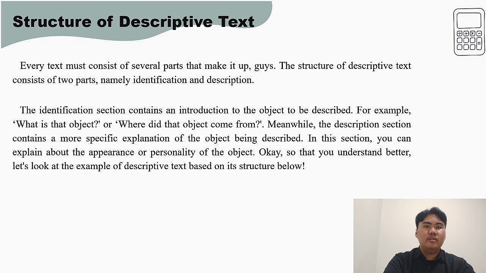For example, what is that object? Or where did that object come from? Meanwhile, the description section contains a more specific explanation of the object being described. In this section, you can explain about the appearance or personality of the object.